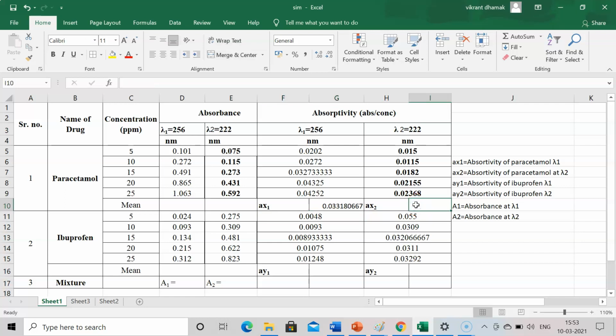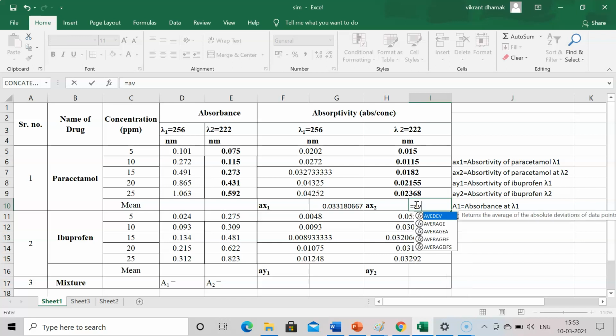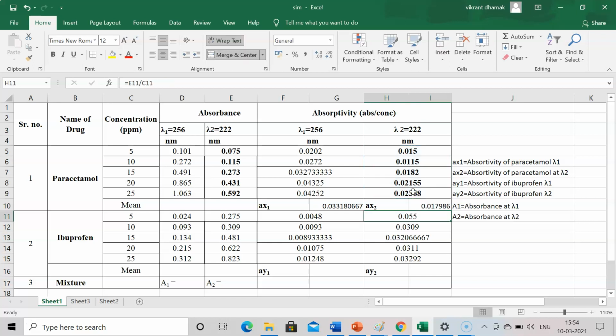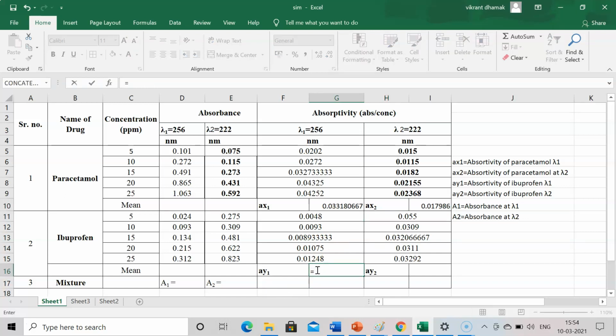Similarly for AX2, press equal to sign and AVE, average. So press on the average, select the cells and press enter. So now the values of AX2 are ready. In a similar way for AY1, press equal to, press average, select the cells and press enter.